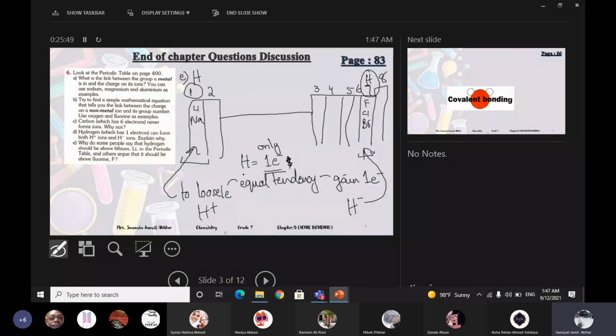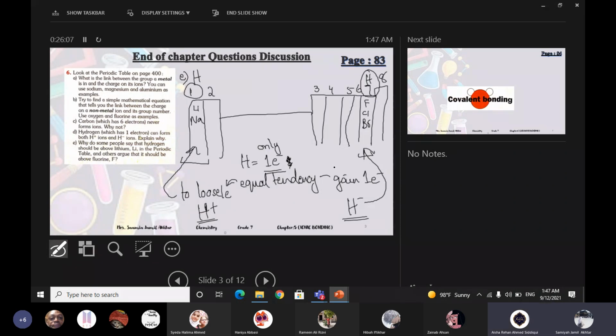So it has equal tendency to form plus charge and minus charge. If it forms plus charge, it will behave like metals of group 1, and if it forms minus charge, then it behaves like non-metals, halogens. So that's why people argue.